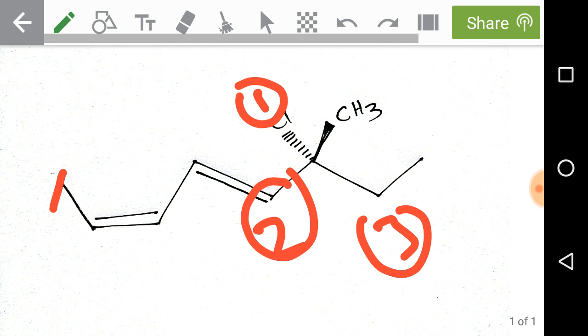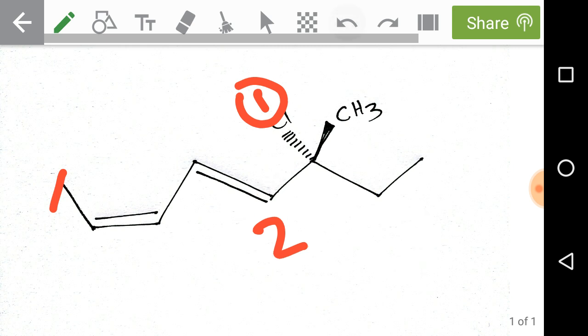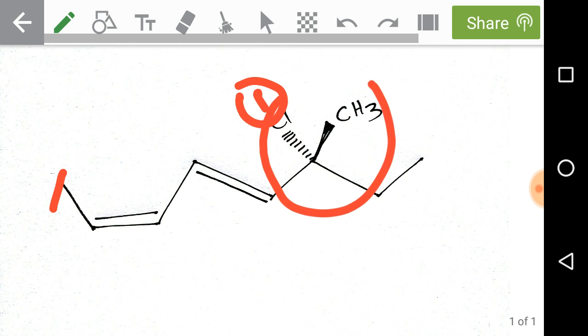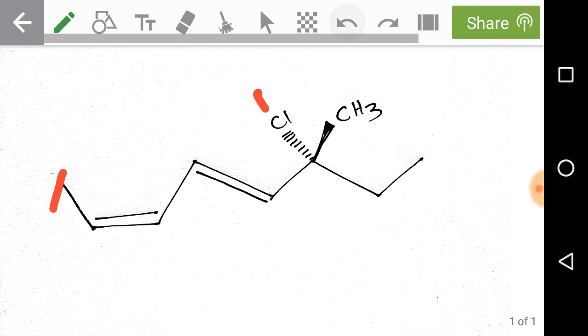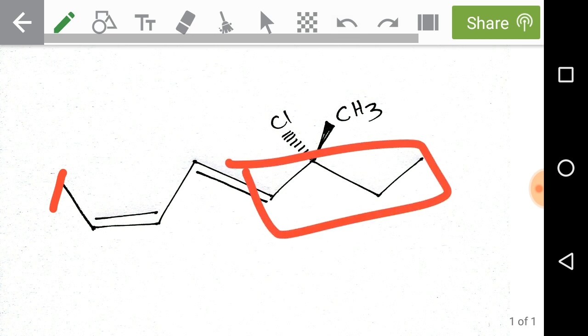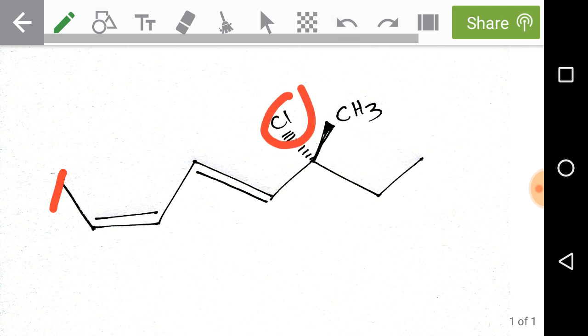Now give the numbering from 1 to 4. If you do that, it is simply anti-clockwise. Whenever it is anti-clockwise, we give S nomenclature. But here the methyl group, the 4th priority group, the least priority group, is above the plane. The methyl group is projecting towards us, whereas chlorine is at the backside of the plane.